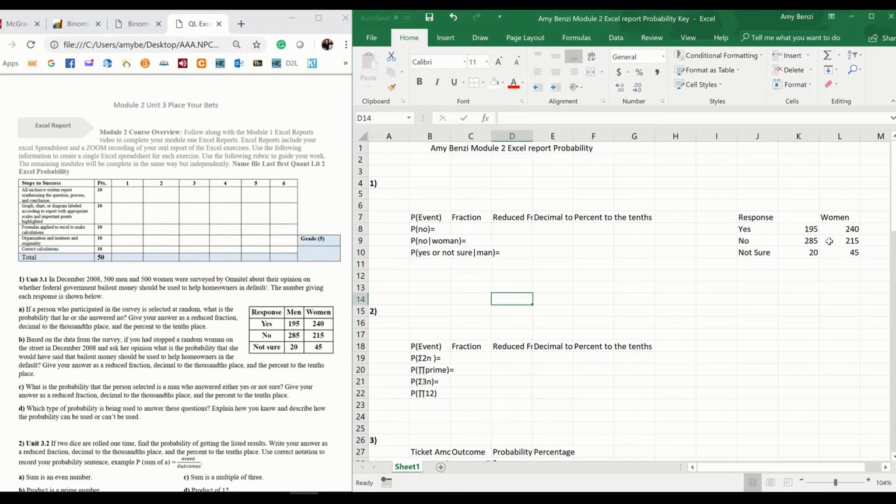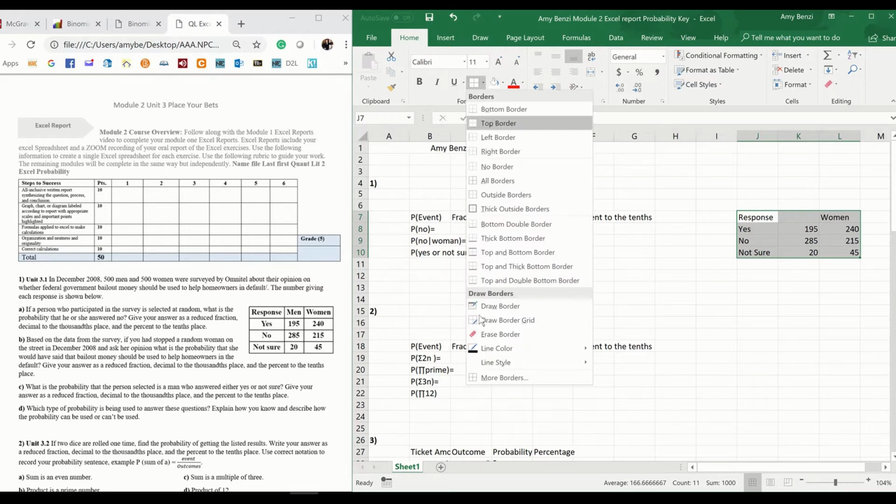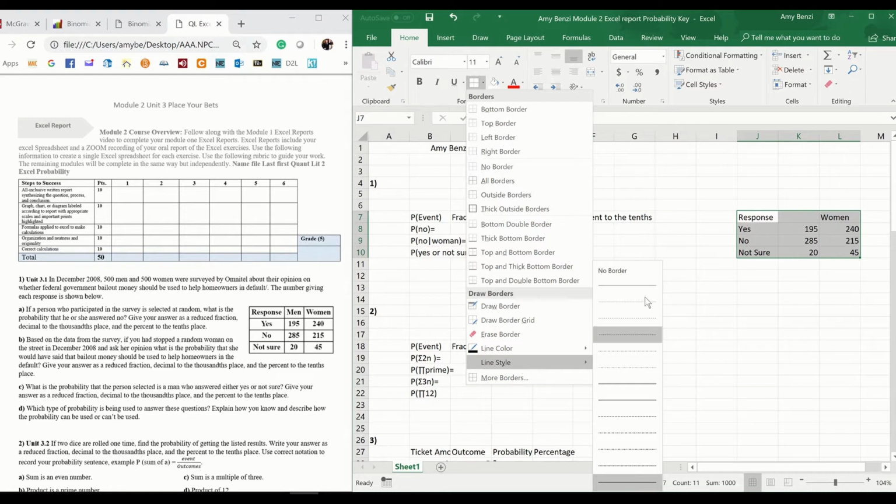Here I have my little chart happening. I do like to outline my chart. So I select my chart and then I'm going to go to more borders in this case, or line style. And actually, if you guys go to line style, most of your line will be this first one up here. And you guys have all these different options that you can choose.